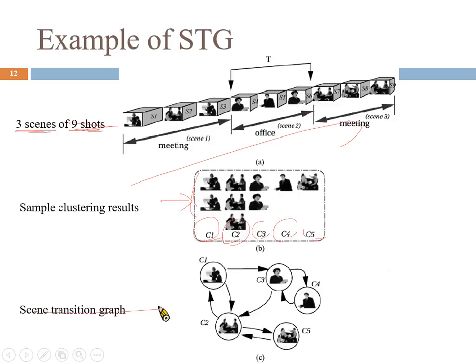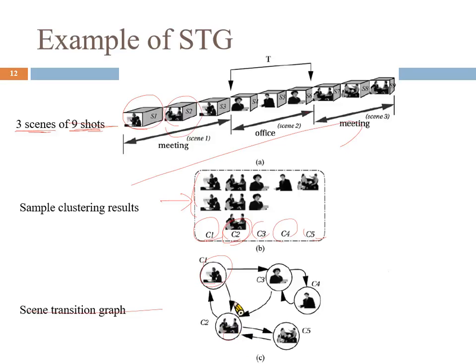So here we see that the first shot belongs to C1. So C1 is here, and then we go to S2, which belongs to the second cluster. So there is a shot in C1 that immediately precedes a shot in C2. So there is a directed edge pointing from C1 to C2.